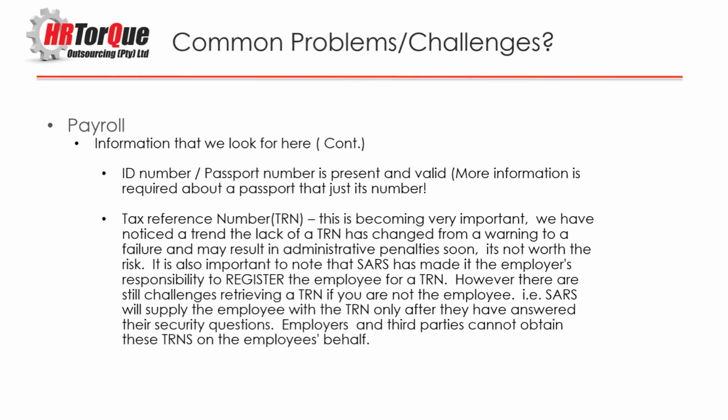The employee still has to either go into SARS, or they have to phone in, or they can do the registration if they have the e-filing profile, which most people should have these days, so that they can do their own submission. If they have an e-filing profile, they will have the tax reference number and they can get it for you. So it's another one that SARS have for a very long time been warning that they're going to start to become a little more heavy-handed with. So if you can, please get all your tax reference numbers into your payroll system so that you don't have any issues.